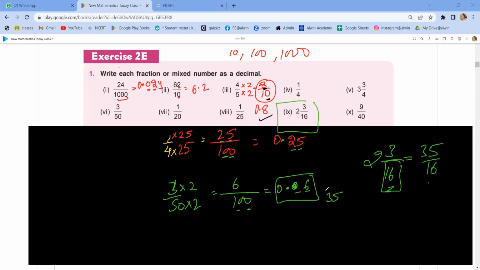That means by the long division method, 35 by 16, you will simply divide and write the decimal format. So 16 times 2 is 32. You subtract, you get 3. The same way you put a point, a 0 and keep on solving this. And this decimal form will be there with you here. Okay or not, everyone? Clear?